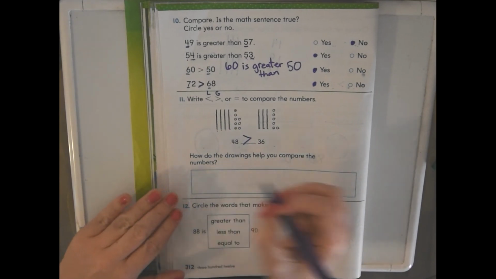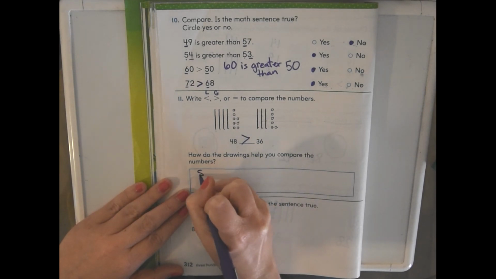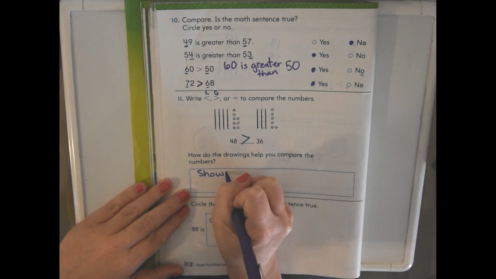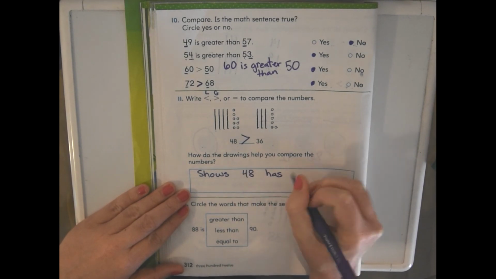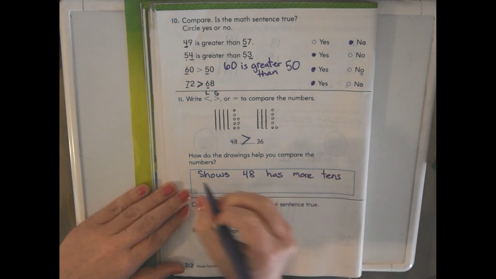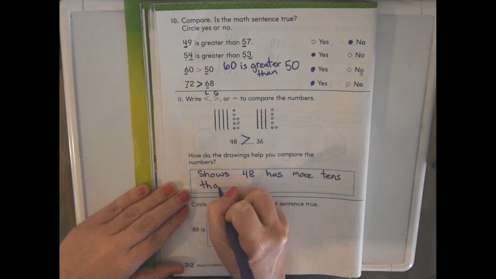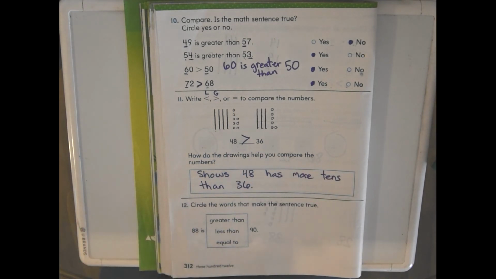So I'm going to say the drawing shows 48 has more tens than 36, okay? Now your explanation can be a little different. Maybe you say that it shows 48 has 4 tens compared to 36 only has 3, okay?